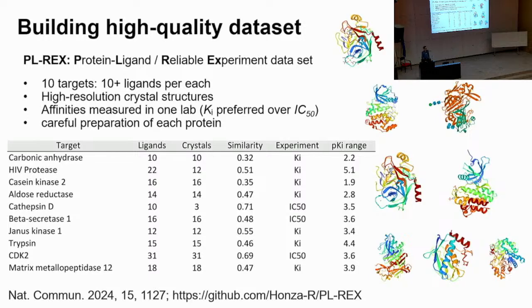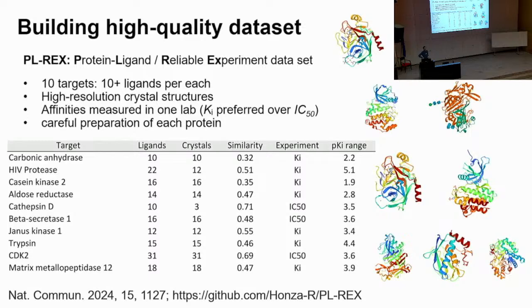So that's why we have set out to build a data set ourselves. We named it PL-Rex to remember Tyrannosaurus rex, the dinosaur, but it stands for protein-ligand reliable experimental data set. It contains 10 targets. You can see them there. 10 or more ligands per each.